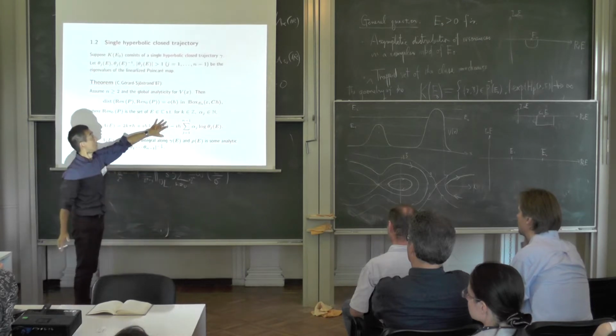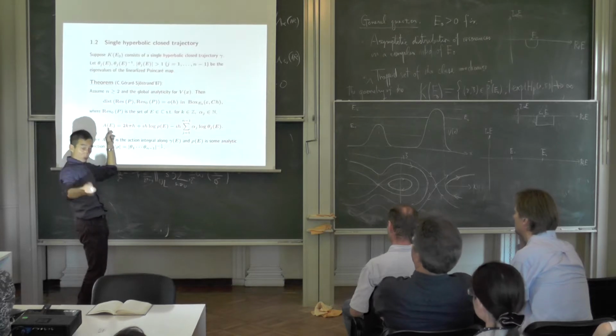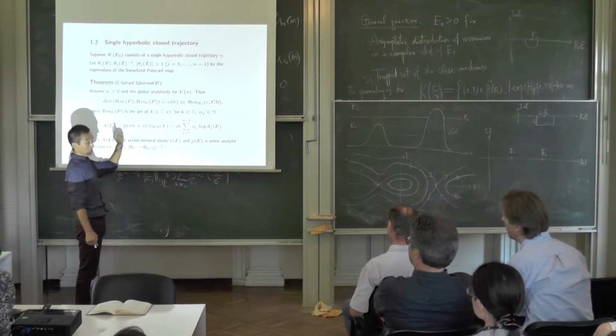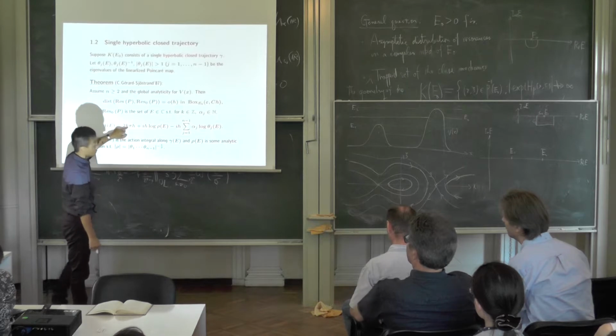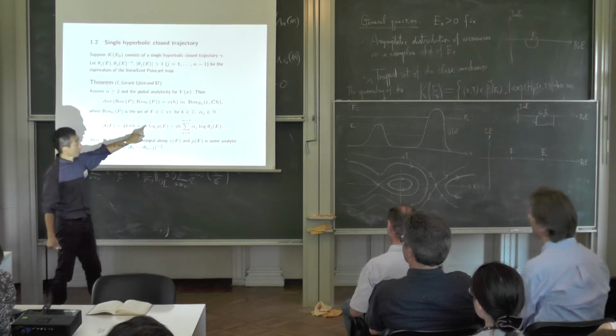The action integral around the trajectory is equal to some integer multiplication of phi h. But the difference is here.